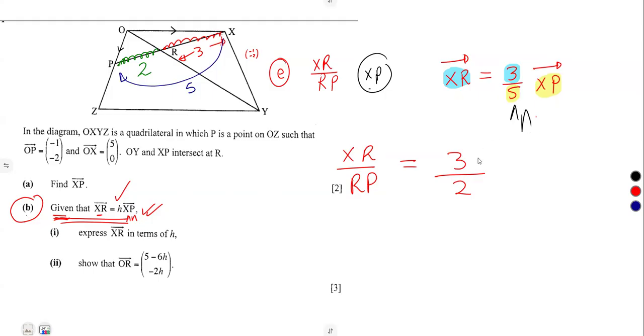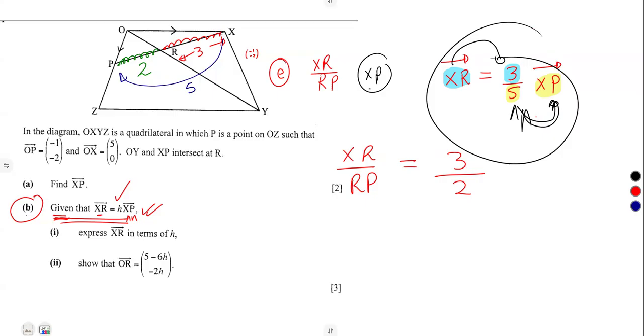So you analyze now on the line. What does it actually mean when I'm given 3 over 5 of XP from that line? It simply means XR has got 3 parts. The 5 parts are for XP, what you're multiplying. It is the one that carries 5 parts. With this, you can answer any typical question using this relationship or this understanding that I'm expressing now.